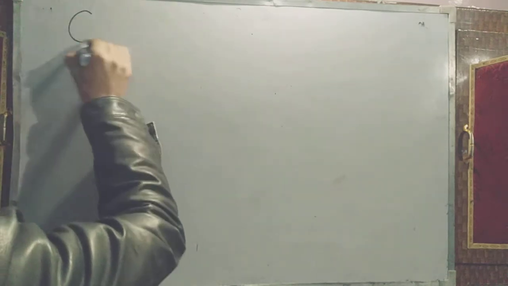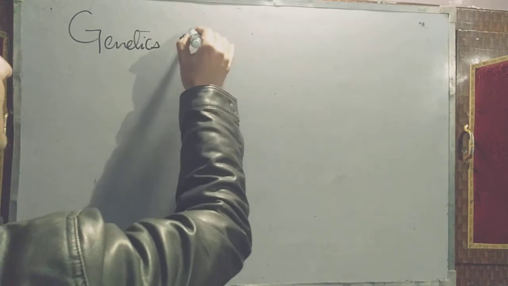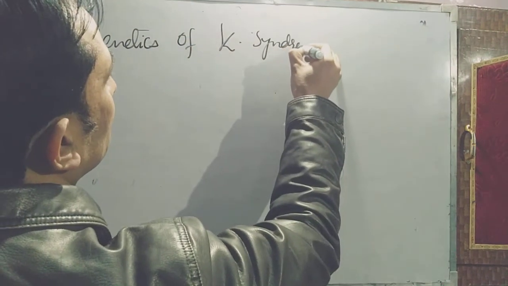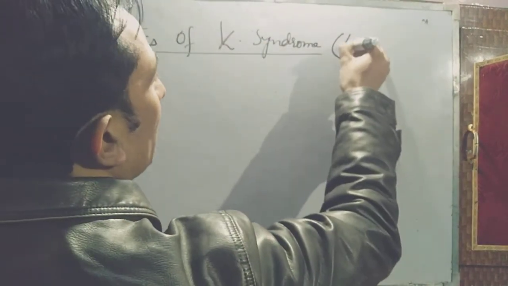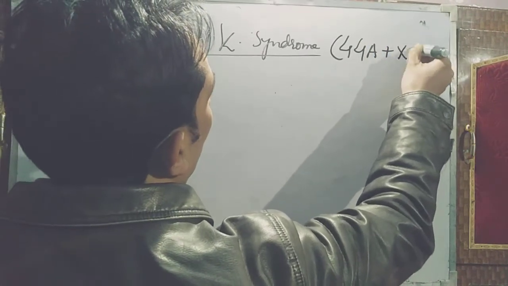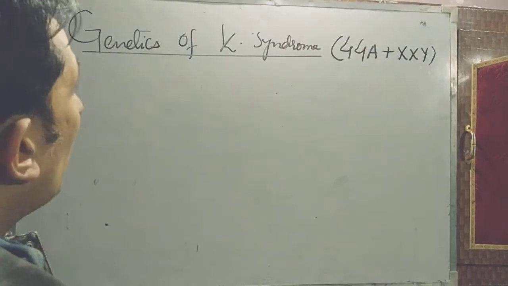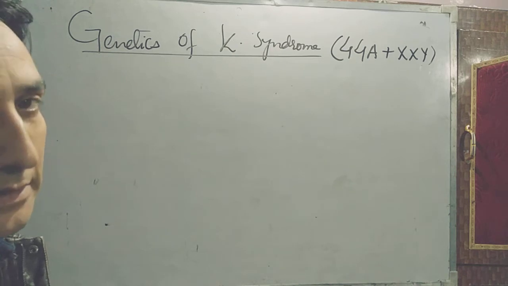So our title would now be genetics of Klinefelter's syndrome. Again, I will write over here that the karyotype of the individual suffering from Klinefelter syndrome would be 44A plus XXY. Is it okay? Now, what is the genetics of this very syndrome? It means how these individuals are conceived.